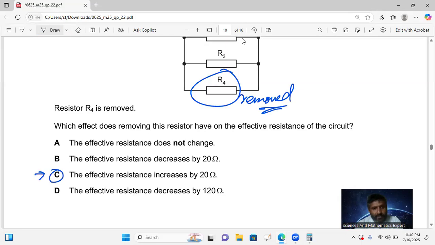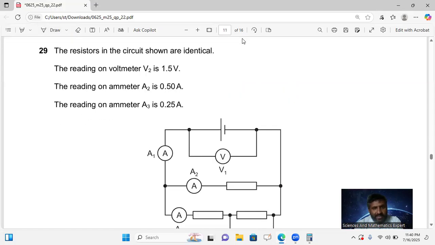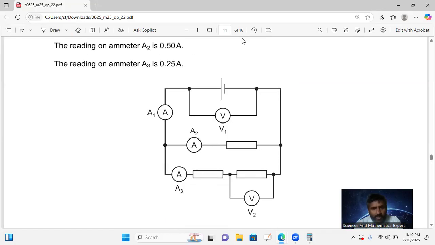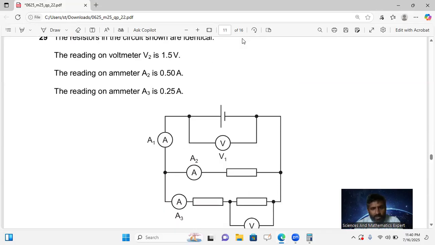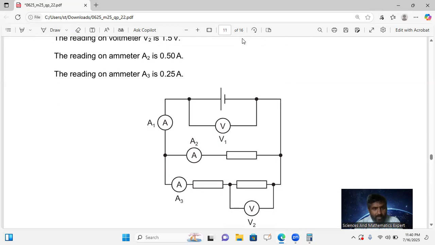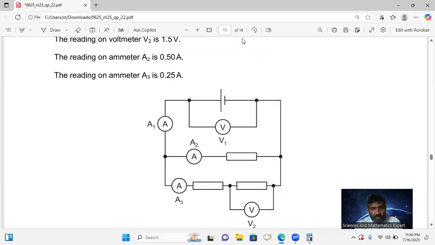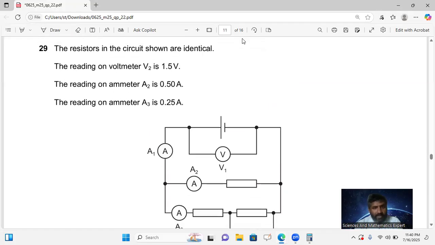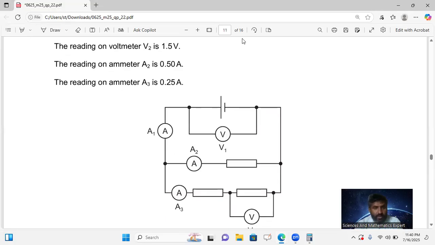Next, question 29: the resistors in the circuit shown are identical. The reading on voltmeter V2 is 1.5 volt, and the reading on ammeter A2 is 0.50.